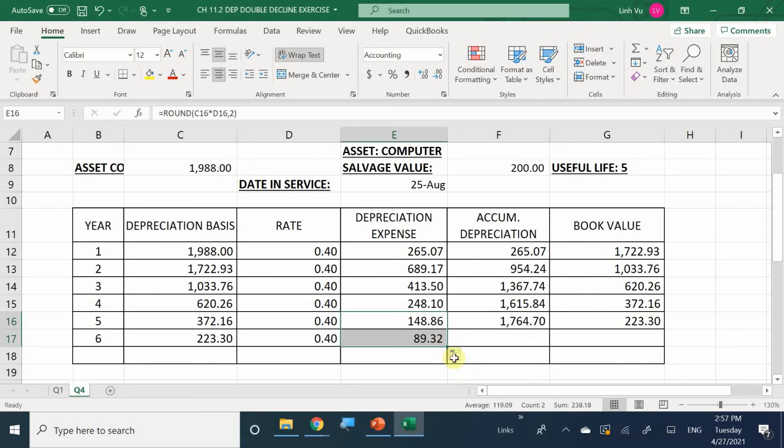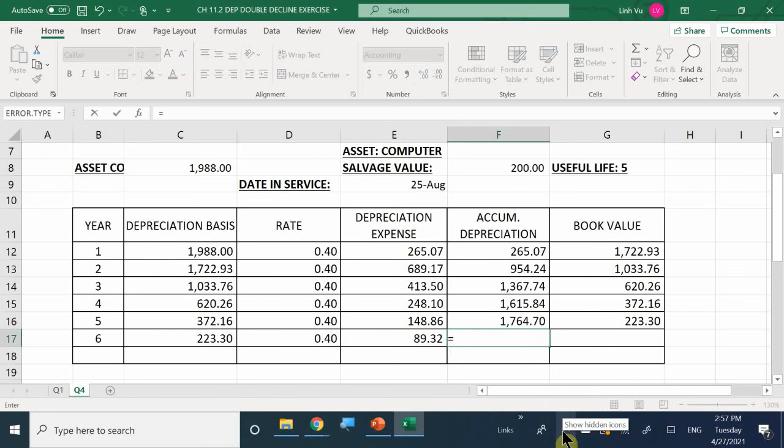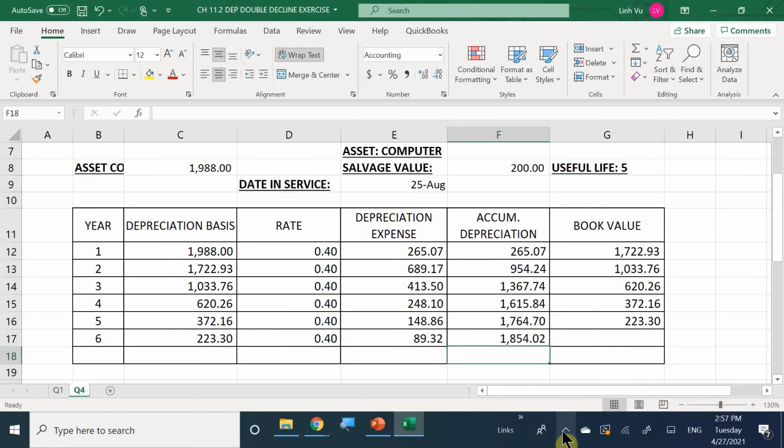Okay, 89.32. What's my accumulated depreciation going to be? 1,854.02. Good. And lastly, what should be my book value? 133.98.